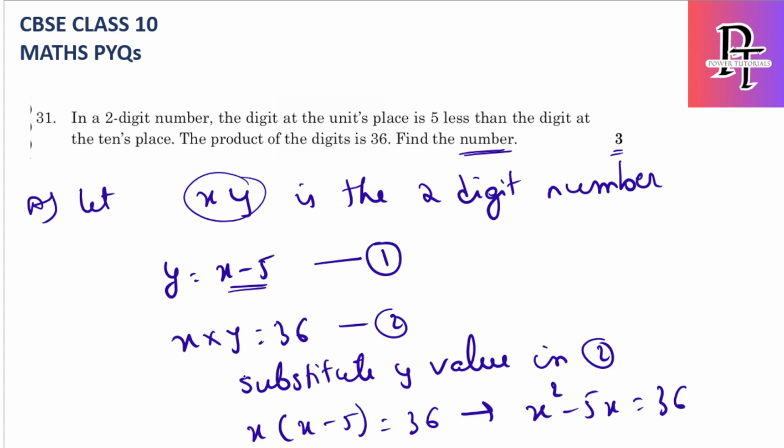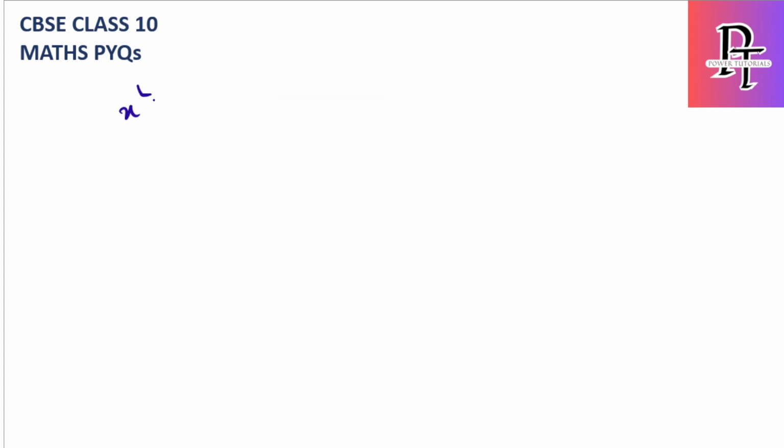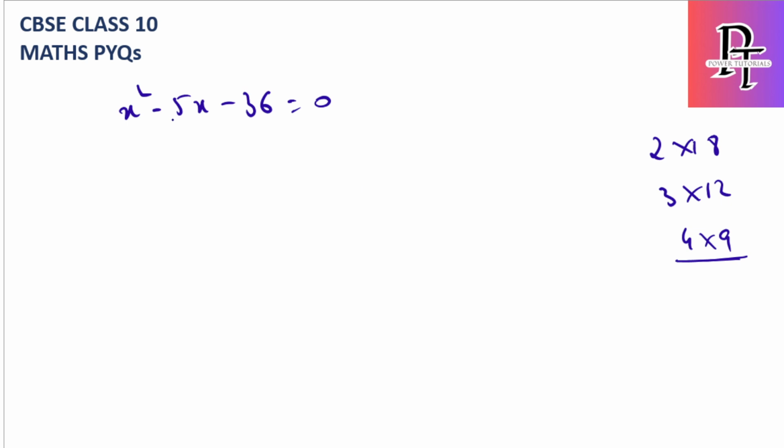Let's write in other form. It becomes x square minus 5x minus 36 is equal to 0. Let's write the factors of 36. It is 2 into 18, 3 into 12, 4 into 9. Using 4 into 9 we can get minus 5 here.